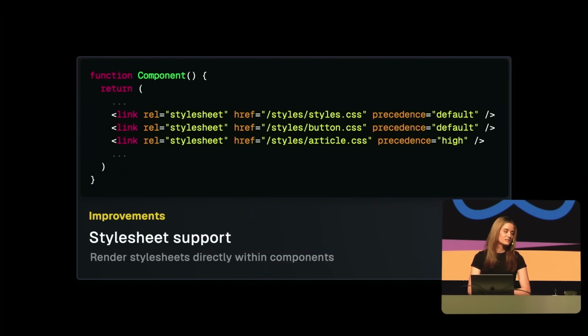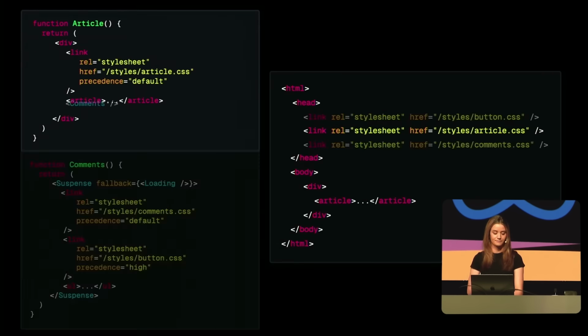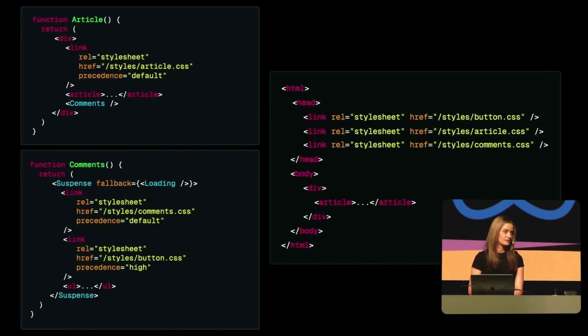Now, React 19 also adds support for directly using style sheets in the component that actually uses these styles. So we can just directly add them to our components, and React will again hoist these to the head, which ensures that the browser will not render the components until the CSS has loaded. And we can also load a style sheet within a suspense boundary. So in this case, we're loading the button and the comment CSS within the suspense boundary.